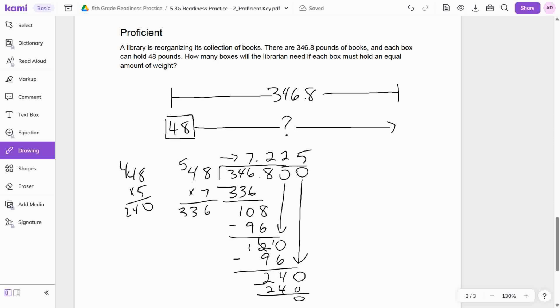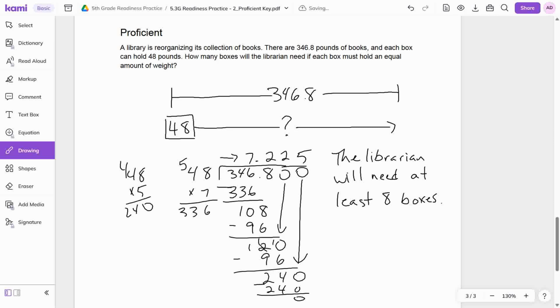Okay, so we can say the librarian will need, now, since we can't have 7.225 boxes, we will say we're going to round that to the next highest whole number. So it's not really rounding, we're just going to the next whole number, at least 8 boxes, because we can't have a decimal of a box.